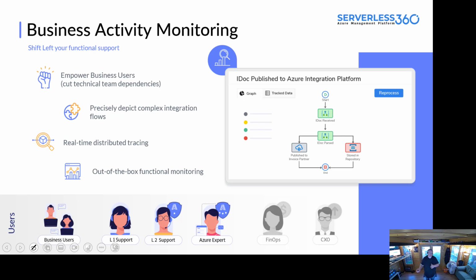And then you get features like repair and resubmit and that kind of thing, and we can build dashboards and stuff. So we're trying to shift support further left past the developer, ideally past the level 1 and 2 support people, and allow business super users to do self-service, which we think is a really popular thing.